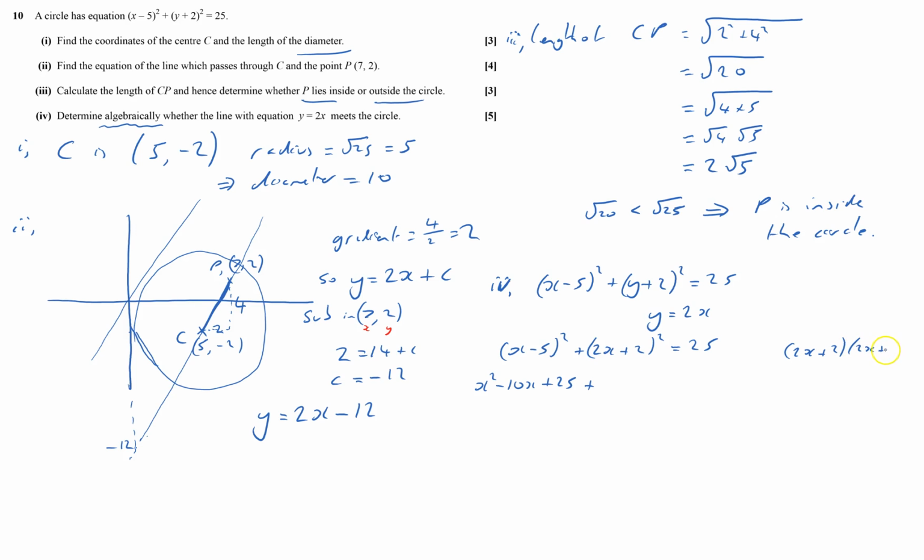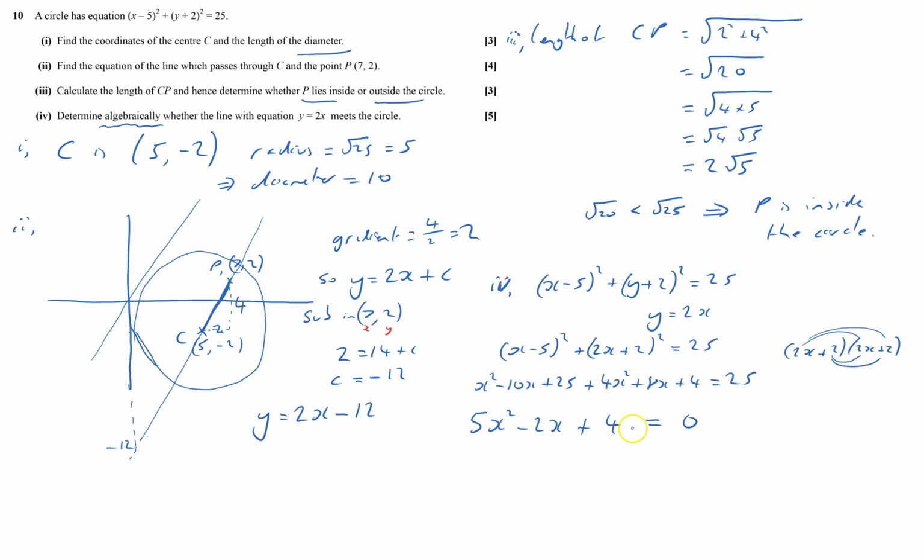I know myself a little bit too well. That'll be 4x squared plus 4x plus another 4x, which is plus 8x, and then plus 4, and that equals 25. For a quadratic equation I always get it equaling 0, so I've got 5x squared, minus 10x plus 8x which is minus 2x, and I'll take away the 25, so I end up getting plus 4 equaling 0.